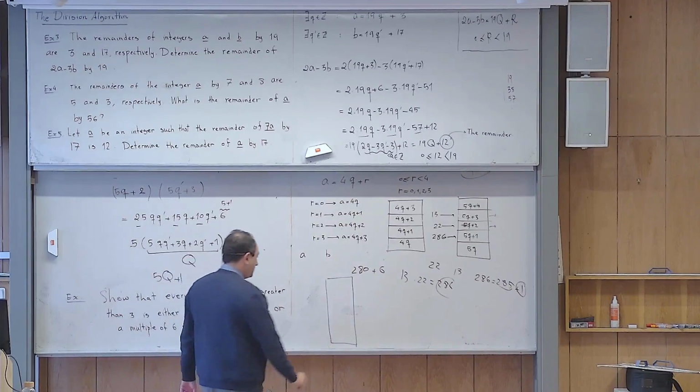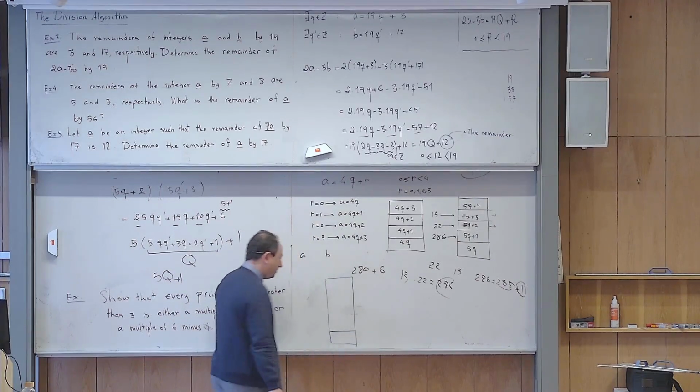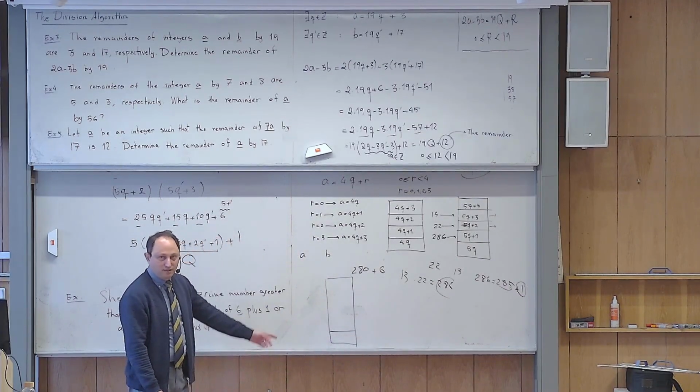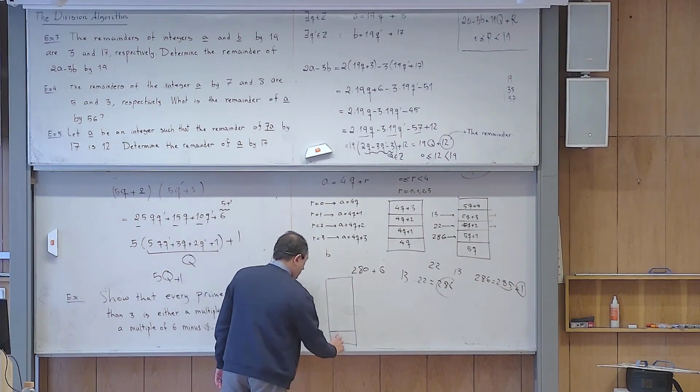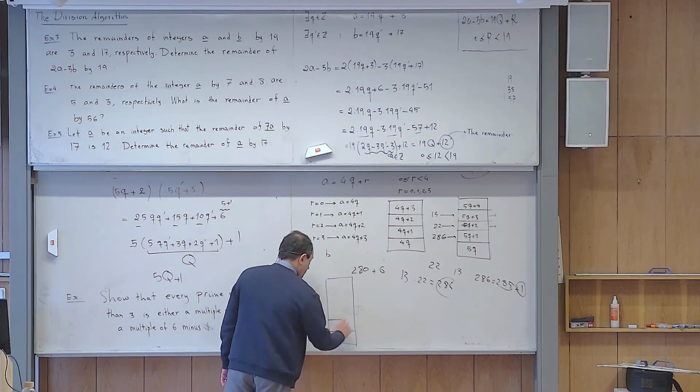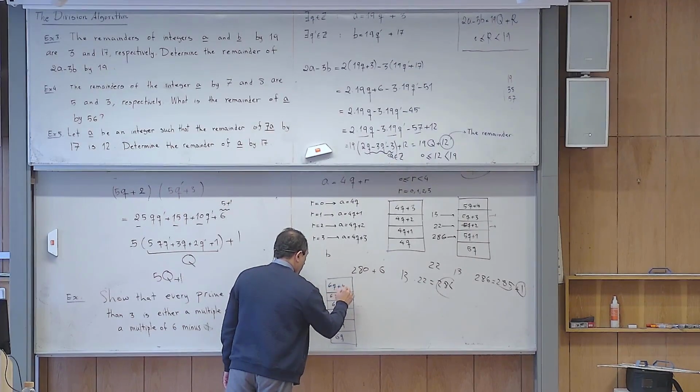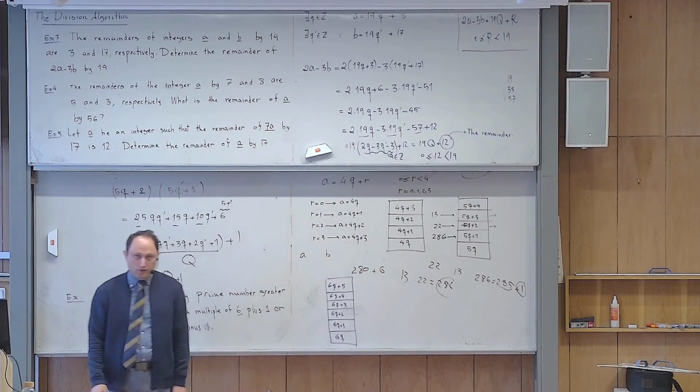Can you tell me what the bottom floor is, metaphorically? 6q. What is the next floor? 6q plus 1. The next? 6q plus 2. The next? 6q plus 3, and 6q plus 4, 6q plus 5. Should I continue? No. Yes, I have 6 floors.